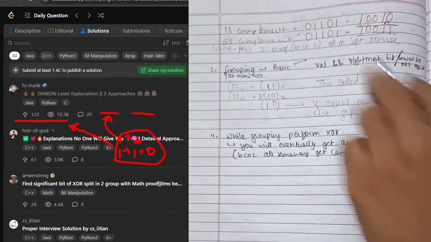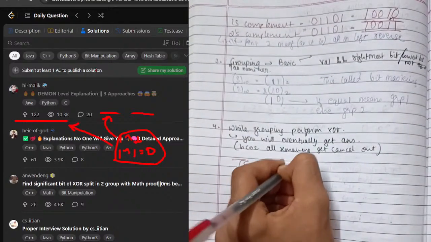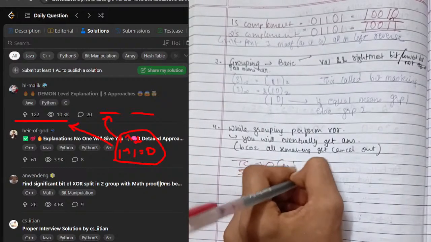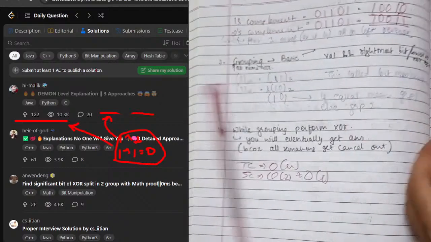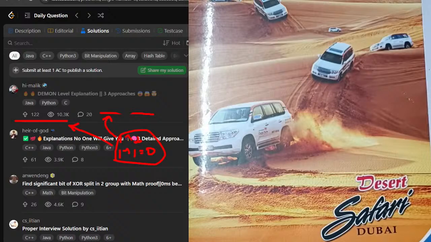Grouping of all nums array. We know its time complexity is O of n, space complexity is constant, O of 1. So without further ado, let's go into implementation.